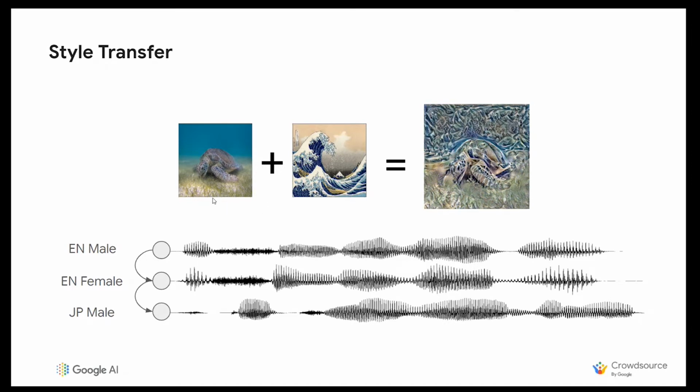Like you can see here, the image that needs to get its style transformed is a tortoise, and the template that you're giving for the style to be applied is a wave. And you can see the output where the tortoise gets a kind of painting style transformation. So this is an image based application of style transfer.